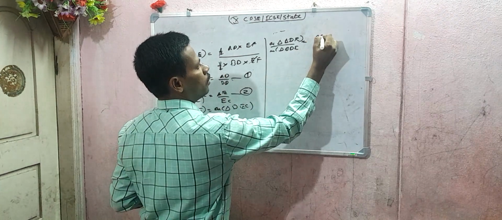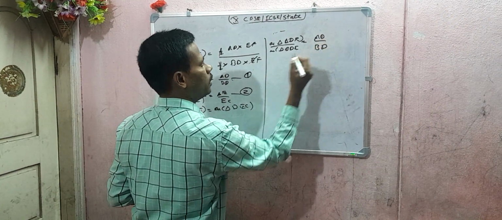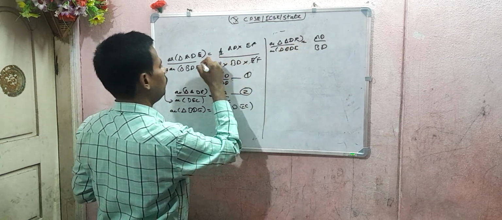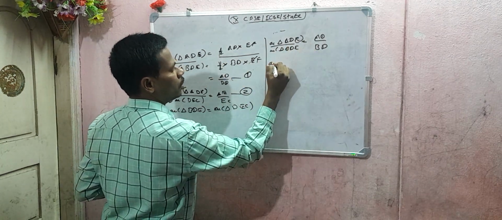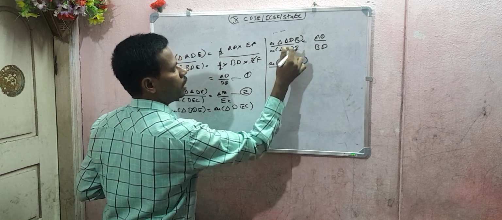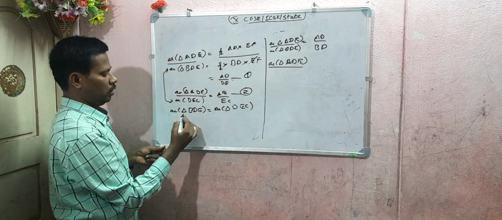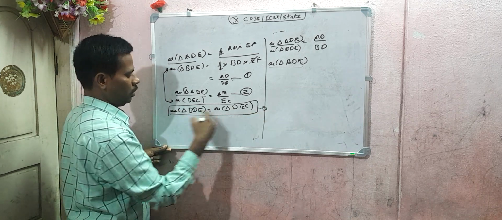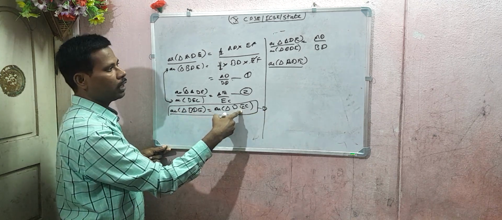AD by BD. Now what you have written here: area of triangle BDE is nothing but area of triangle DEC.